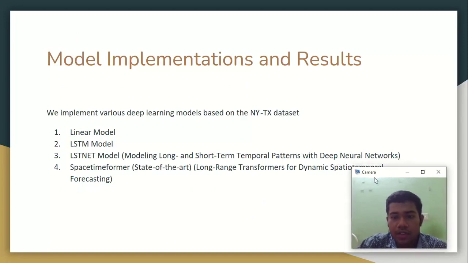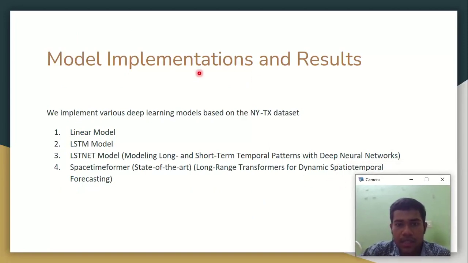So we have also implemented different models, and we have also given the results of different models. The different models which we are implementing on the NYTX dataset are a linear model, which is a very simple linear regression model which considers the context of the previous variables. Then we have an LSTM model, which is a very popular model for processing sequential data.